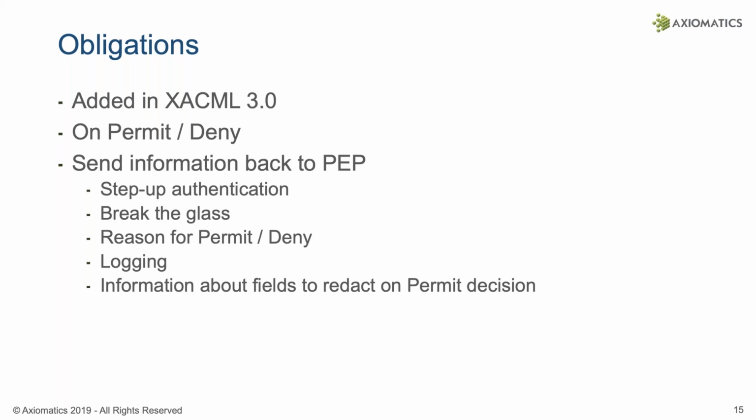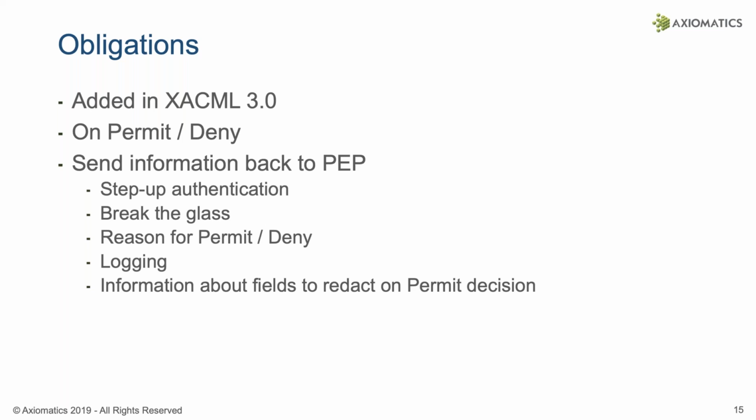Other use cases for obligations could, for example, be step-up authentication, where you're trying to access a resource, but you need to be multi-factor authenticated to access that specific resource. You can then get a permit with an obligation that says you have to perform step-up authentication before you can access this resource.